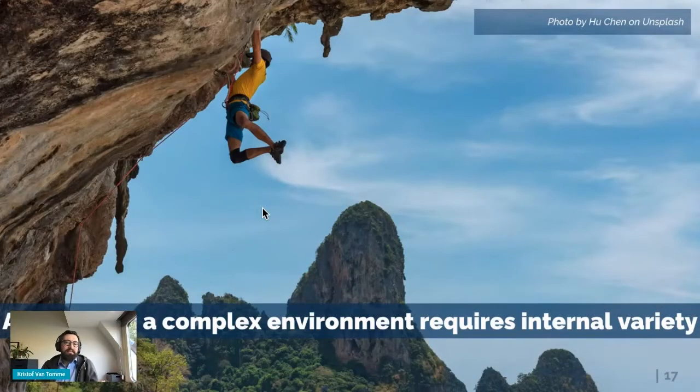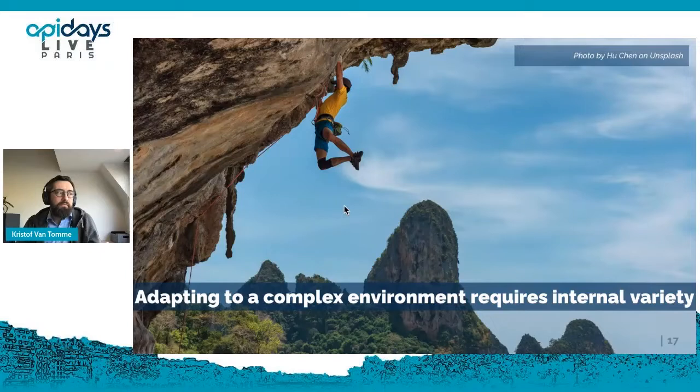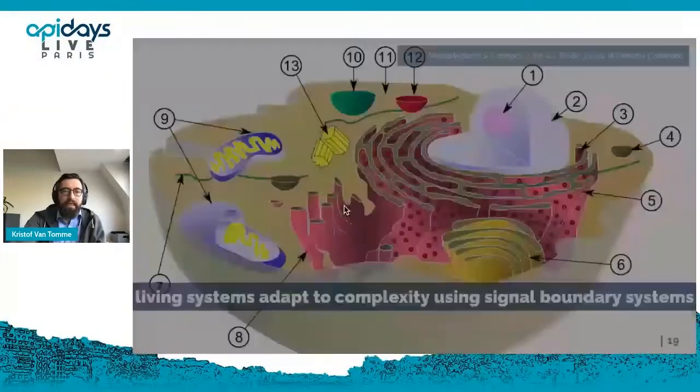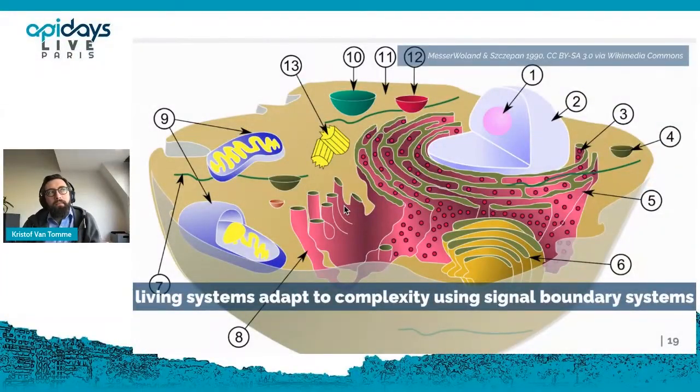And that's important because when you're trying to adapt to complex environments, it means that you also have to have that variety on the inside. So basically, by definition, living systems are complex adaptive systems. And the way that living systems do this, and this is the connection to APIs, is that they're using signal boundary systems to create pockets of resources, pockets of energy and information, where there's a far from equilibrium state, where different interesting things are happening that are not possible in other places.